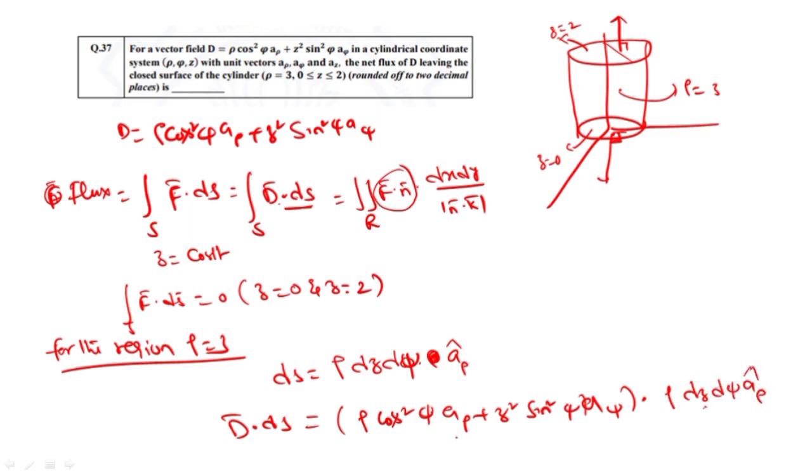So these two will be 1, so that will be rho into rho square cos square xi dz d xi, and these two will be 0. So this is D bar dot ds equal to rho square cos square xi dz d xi.